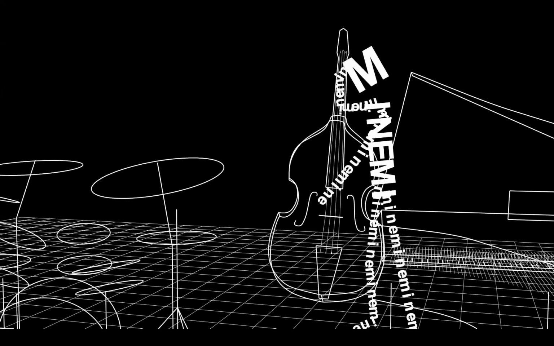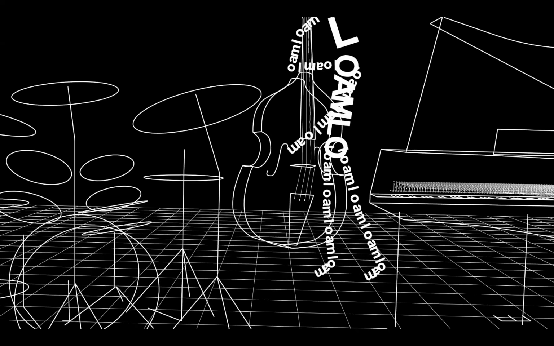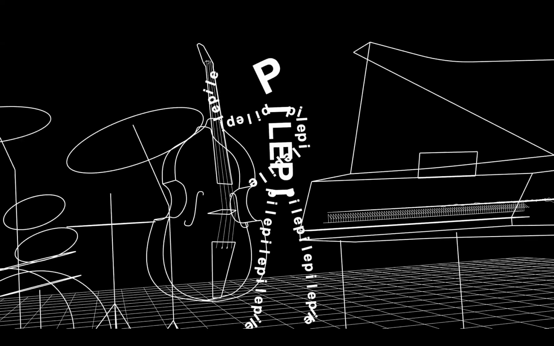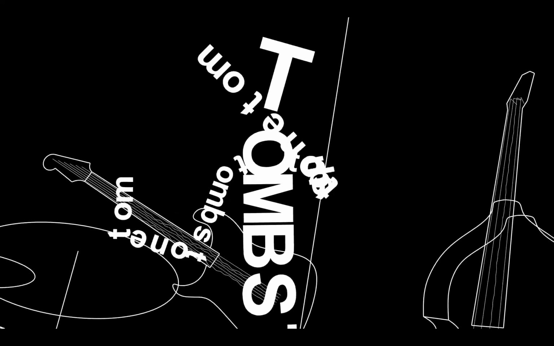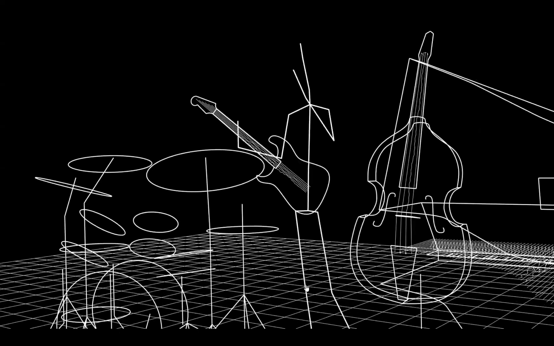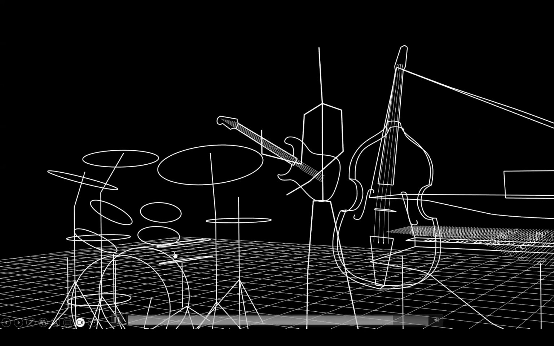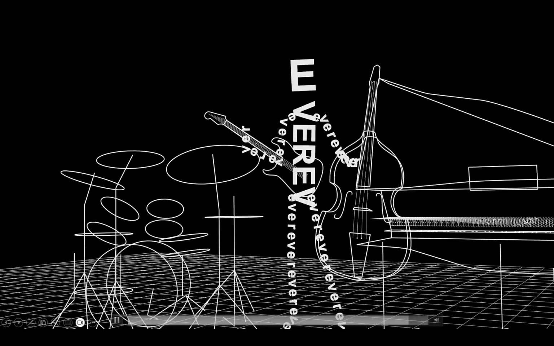And here you got more strings moving on the bass. And a pile of bones under the tombstone. And here you can see, of course, the guitar strings as well. It's just a couple of seconds more, and then I will talk about what is happening here.